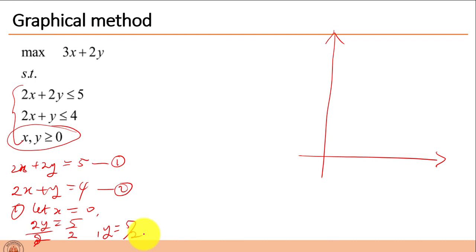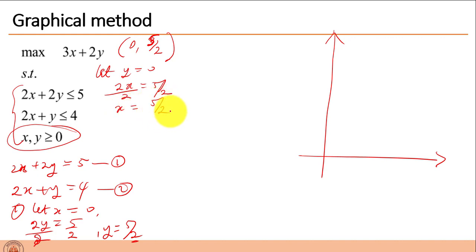So the first coordinate is 0, 5 over 2. Now on the same equation, let y equal 0, then we have 2x equals 5. So divide by 2, divide by 2, x equals 5 over 2. The coordinate will be 5 over 2, 0. So we have that coordinate already. 5 divided by 2 would be 2.5.